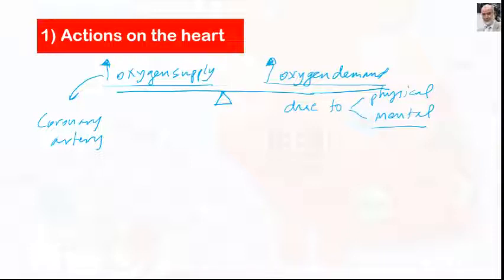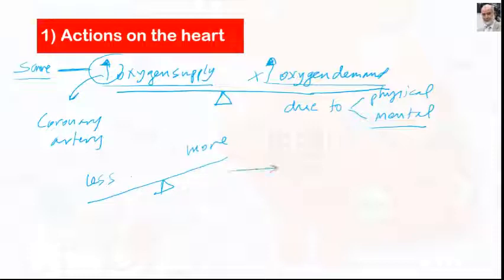Okay, now, if the oxygen demand is increased and the supply is not increased, stays the same, what will happen? Disbalance. So oxygen supply will be less, with demand will be more.